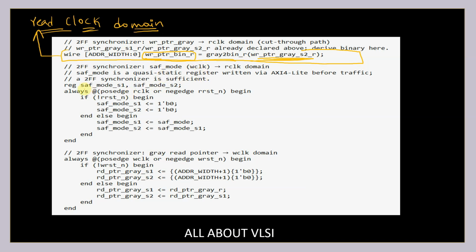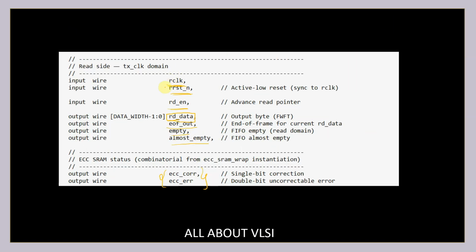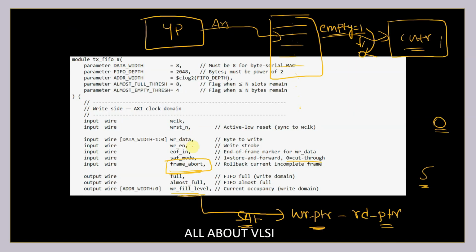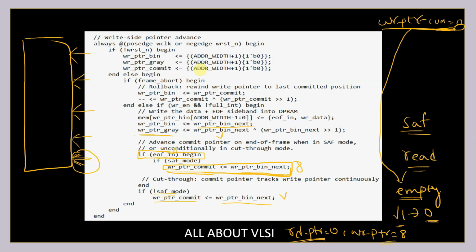Now we also need to send one more signal which is known as SAF_mode. Okay, so we had an input, right? Which is SAF_mode. My read clock domain also should know what SAF_mode is, whether it is store and forward or it is cut through. So I cannot send this signal directly to my read clock domain. I should pass it through the synchronizer. So how am I going to pass it?